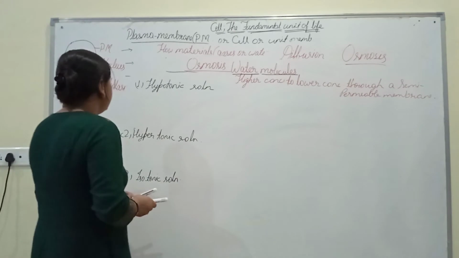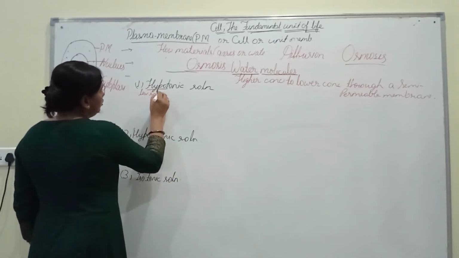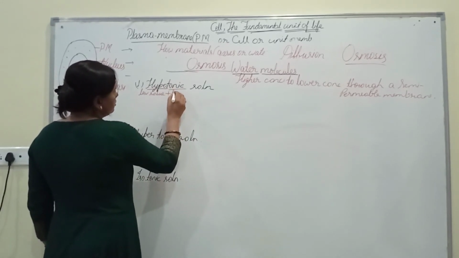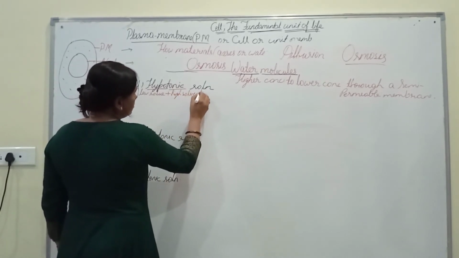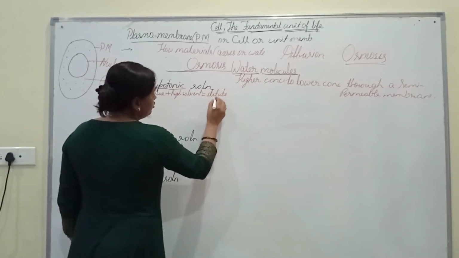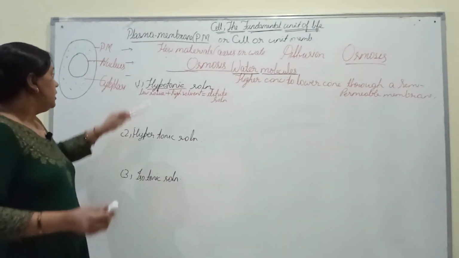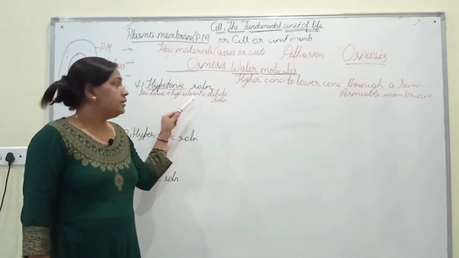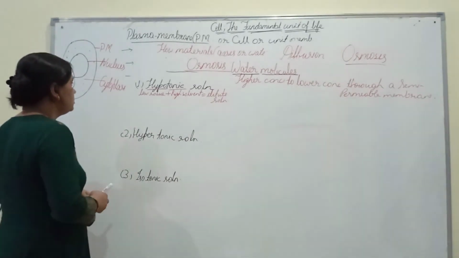As the name suggests, hypo means low solute, and tonic refers to the solvent; here the solvent is more. It gives a dilute solution. Hypotonic means here solute is low and solvent is high. This gives a dilute solution.